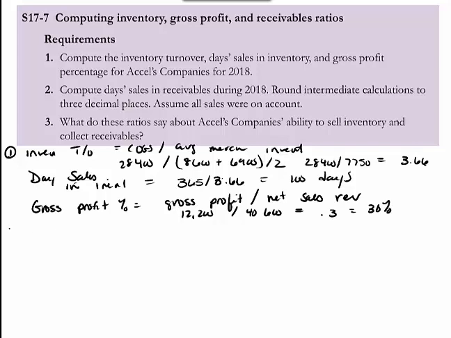And then I've got two asked me for accounts receivable turnover, which is net credit sales divided by average net accounts receivable. So our net credit sales, I think they do all of their sales on credit.